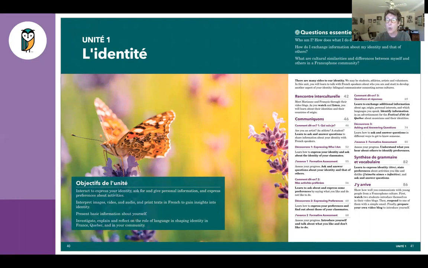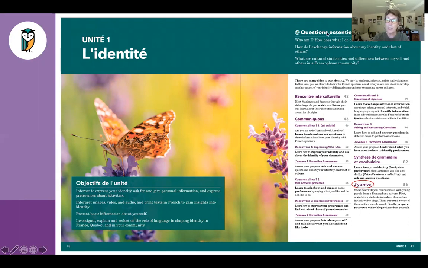Next, after having created assessments, they develop activities. So as you can see here, the assessment at the end of this chapter is called J'y arrive, or I am arriving. Okay, it's the final assessment. And then all of this information within here, all of this is what makes up the unit.